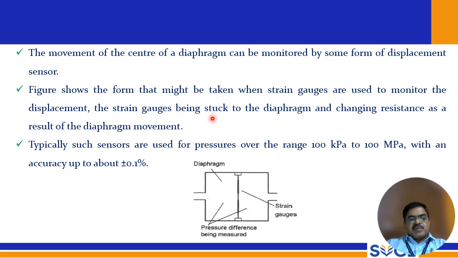These strain gauges are stuck to the diaphragm and change resistance as a result of the diaphragm movement. Typically, such sensors are used for pressures over the range 100 kilopascal to 100 megapascal with an accuracy of up to plus or minus 0.1 percent.